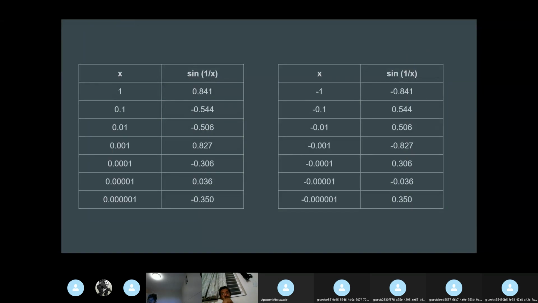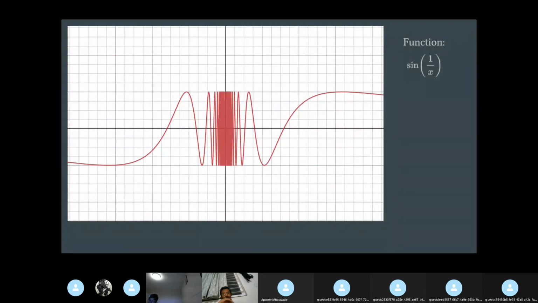You can calculate it, but you can't predict it based on the values you've already calculated. So since it oscillates more and more rapidly as it gets to zero, we don't really know what it'll be at zero. Yeah, that's another way to put it.